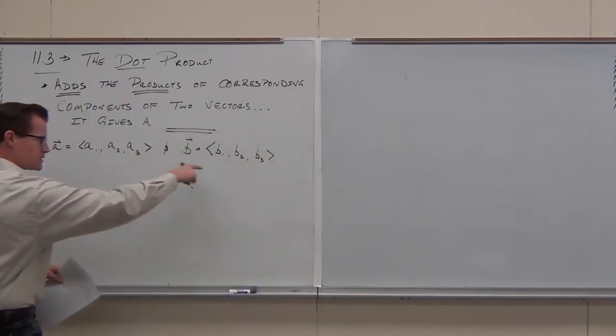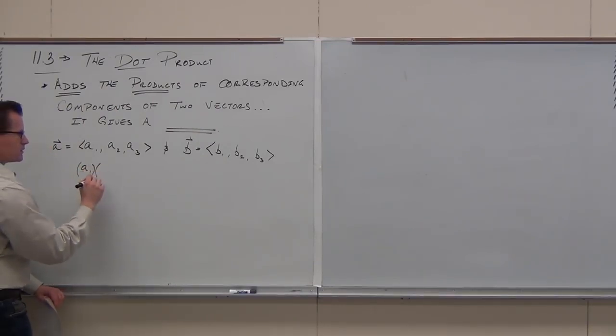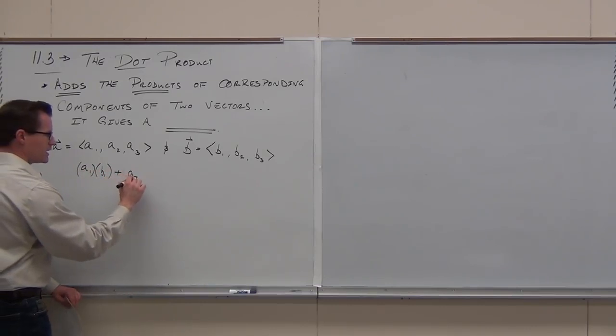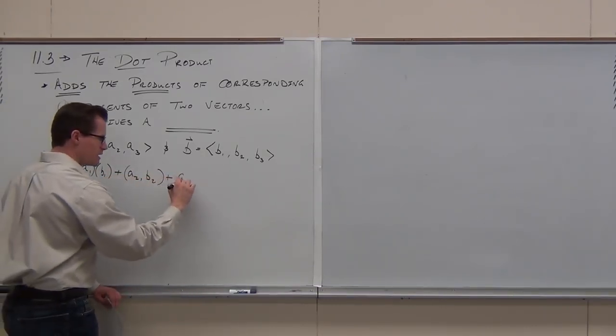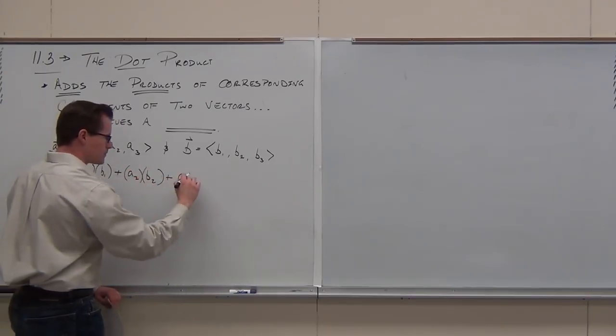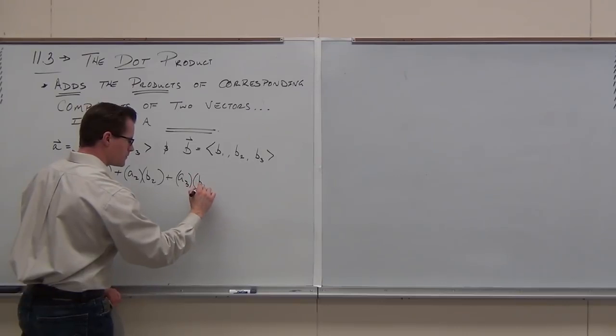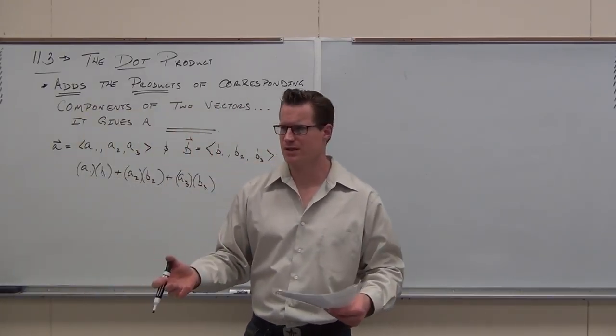So with these two, it would do A1 times B1 plus A2, that's our Y components here, A2 times B2, plus A3 times B3. Do you guys see what I'm talking about, the products of corresponding components?